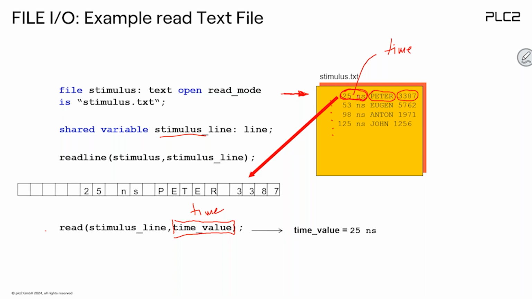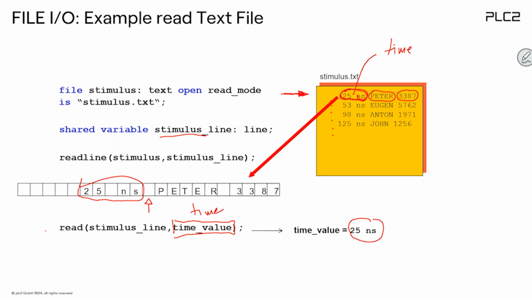These are the valid units. In this case, it will find 25 nanoseconds, and the object time value will get the value 25 nanoseconds. Now the internal pointer is placed at this position, Peter, because the rest is already read.